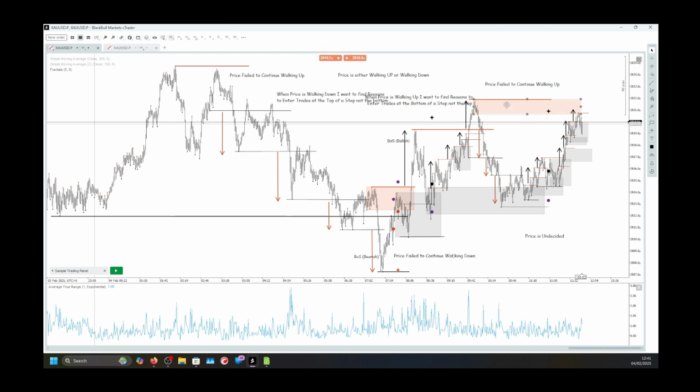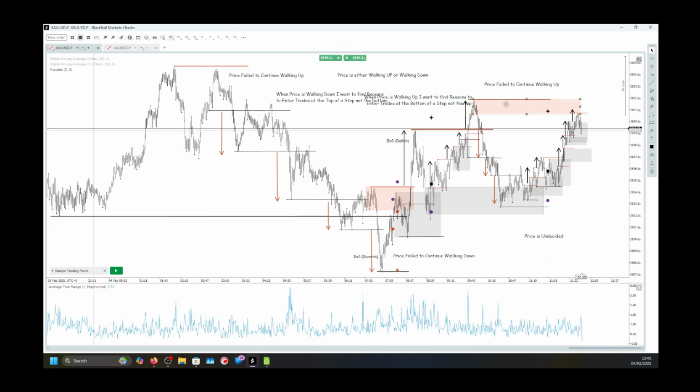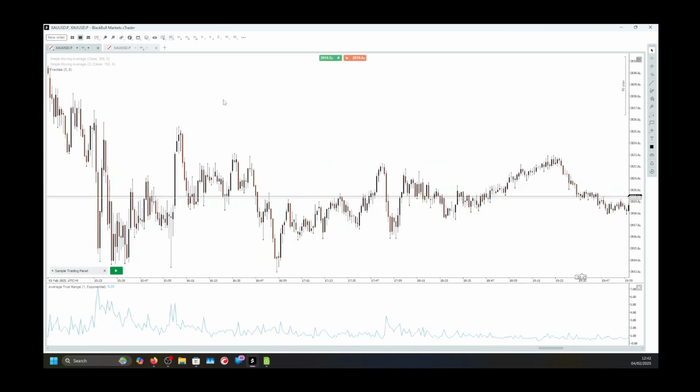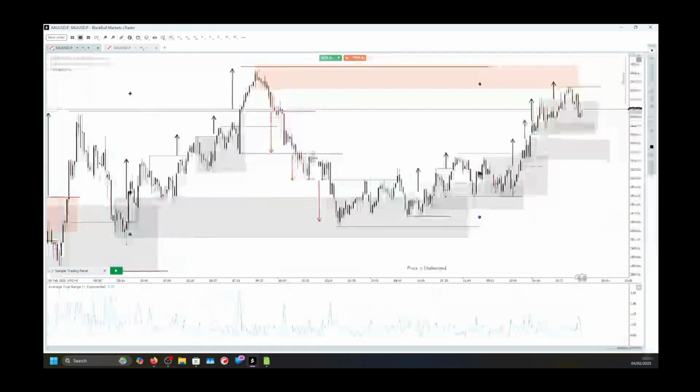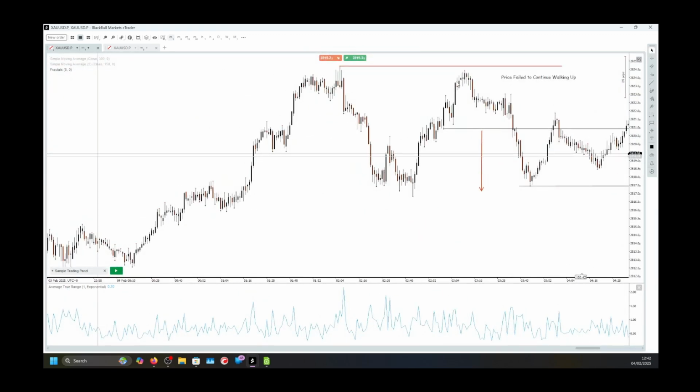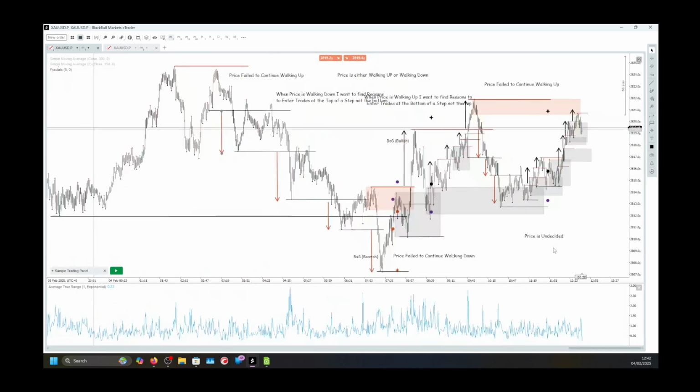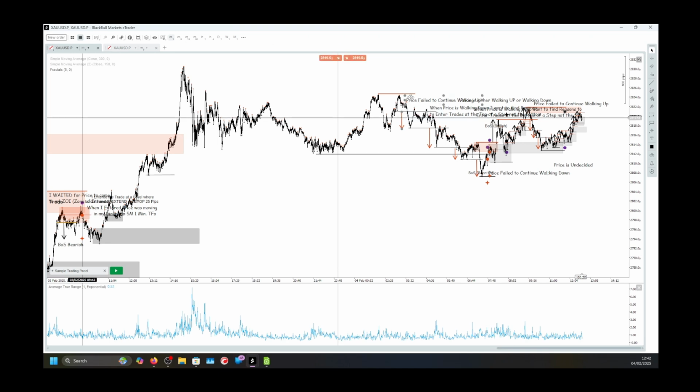But is this high going to be the limit, and price isn't going to go any higher today? Or see, there's inefficiencies up in here from today. This is today's high. I don't know if price has got to get up and fill this in before it can continue dropping.